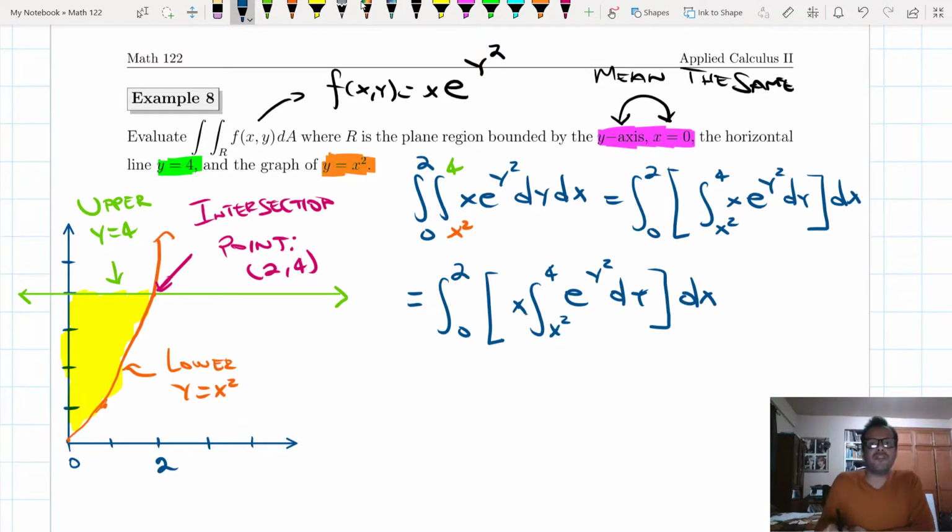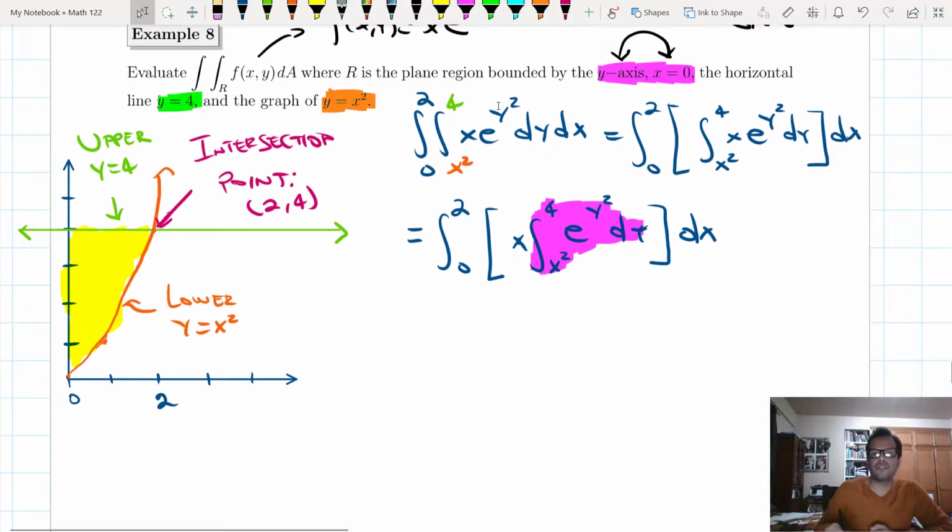Let me take this term right here, everything I'm highlighting here, and look at it separately. This requires evaluating the integral of e to the y squared dy.